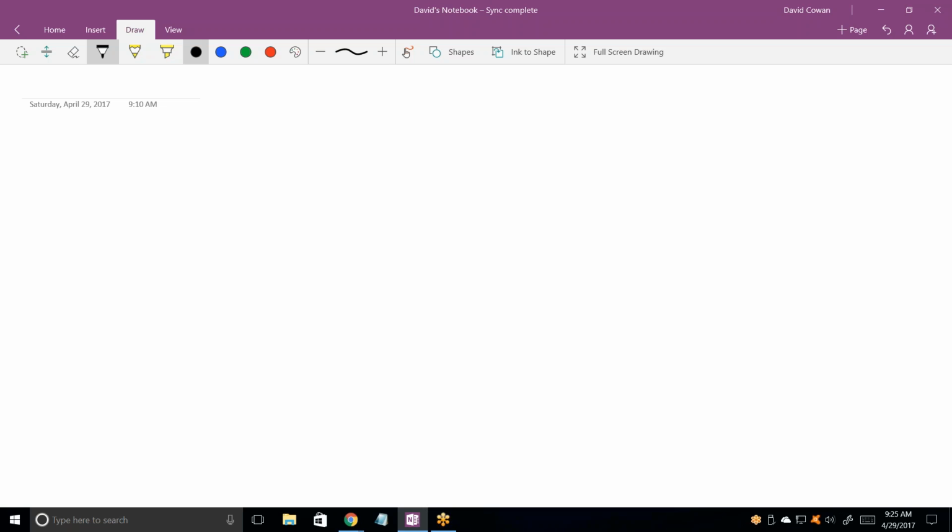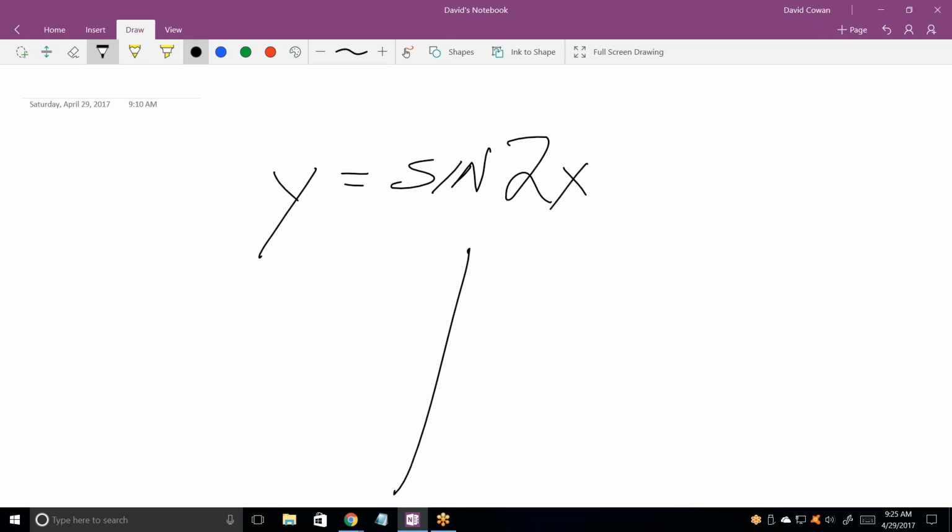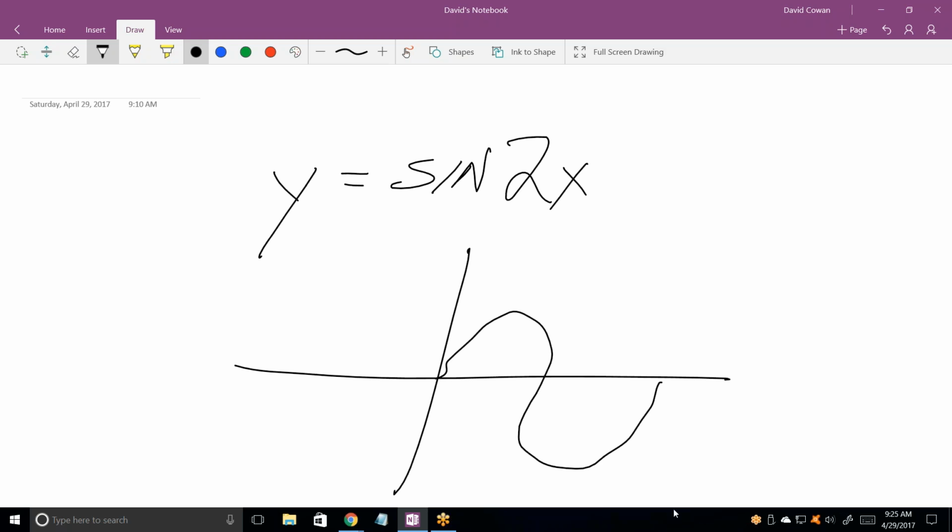If you're familiar with the sine curve, that's inside the function. Here's what a normal sine curve looks like. This is inside the function, but it acts as a horizontal squeeze, so that my new sine of 2x is going to look like this.